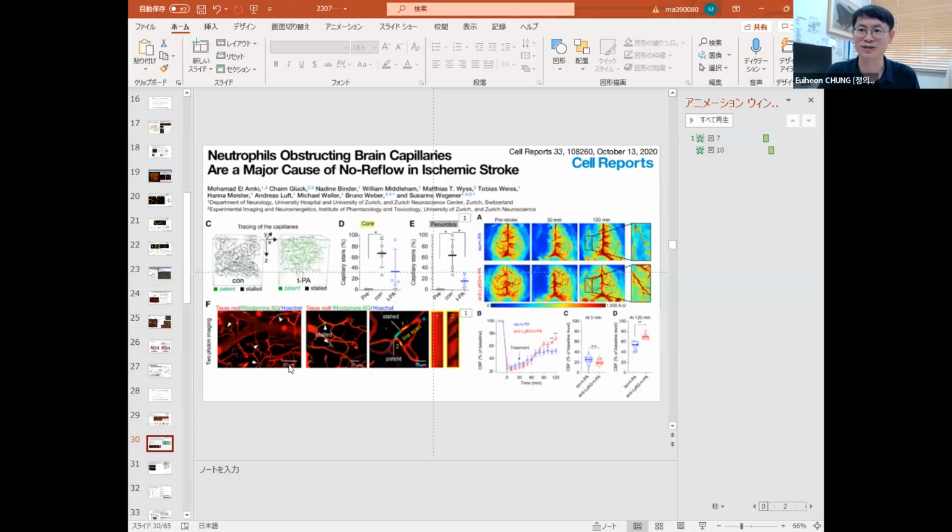I guess they did some experiments after injection of the anti-neutrophil antibody, but we didn't see any data here, only the tPA. But other papers also showed that in Alzheimer's disease conditions, this antibody is effective to recover the capillary flow.